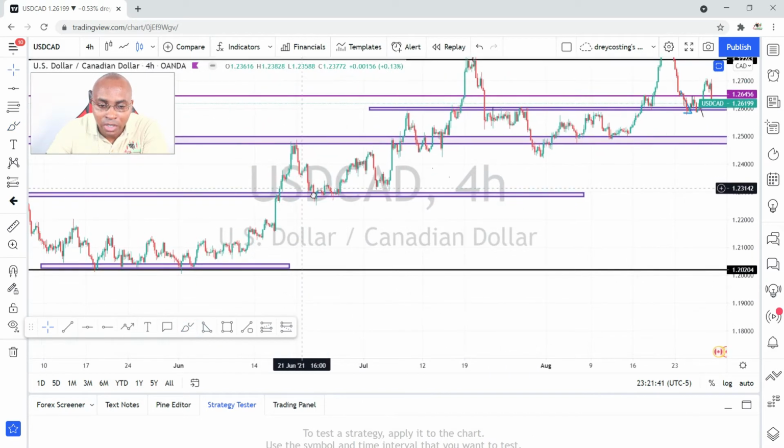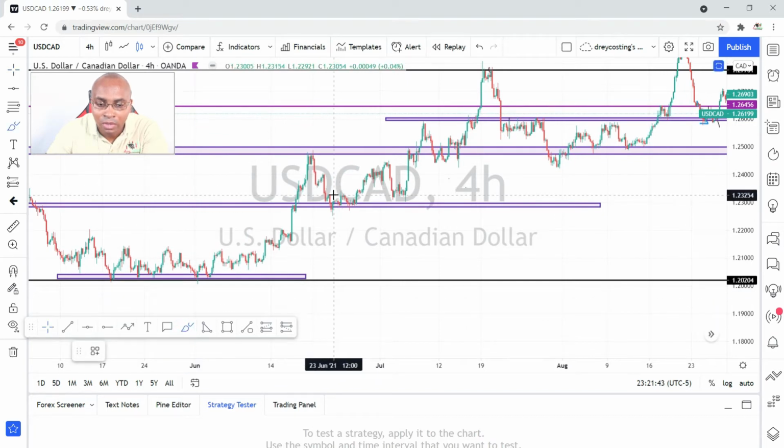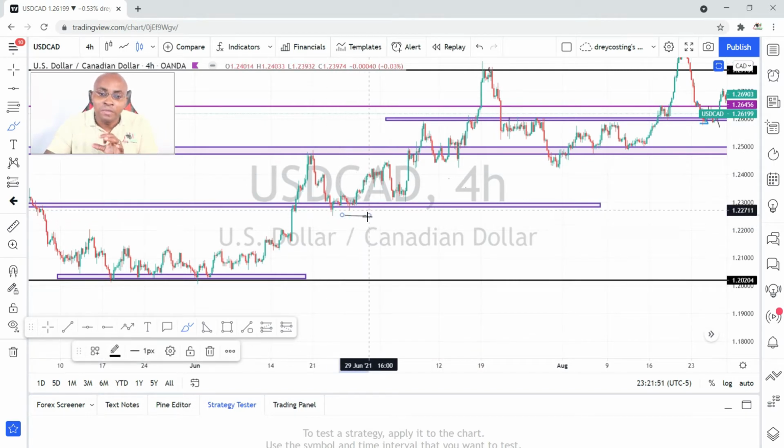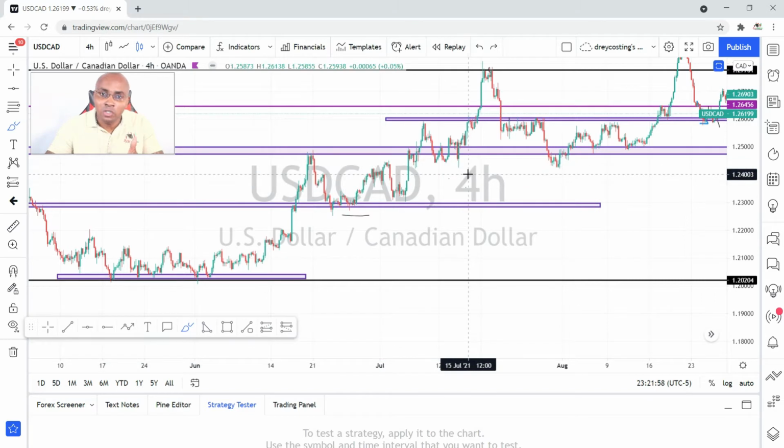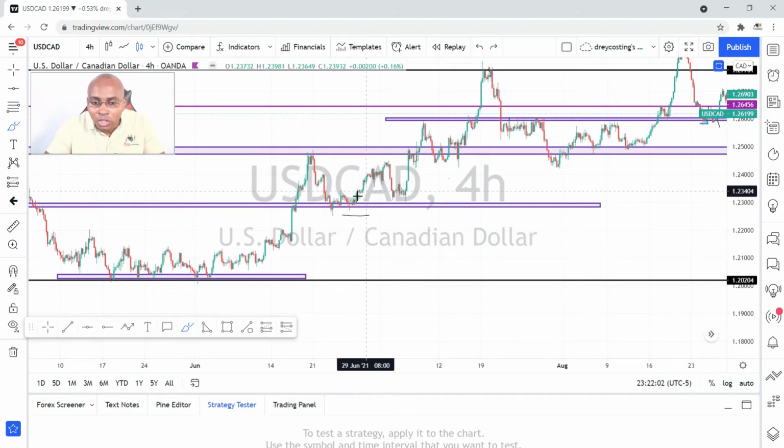Notice where it consolidates here, and then there's your entry. Once price starts to consolidate here, you could just put your stop loss beneath here, because as I say, beneath here will be the stop loss zone, in here will be the fluctuating zone. You understand?